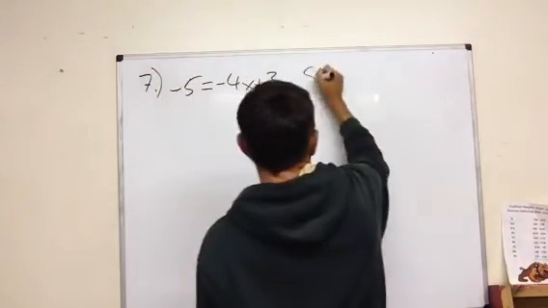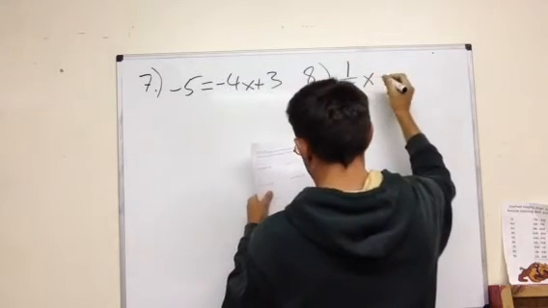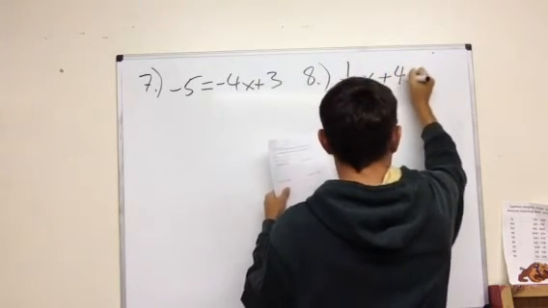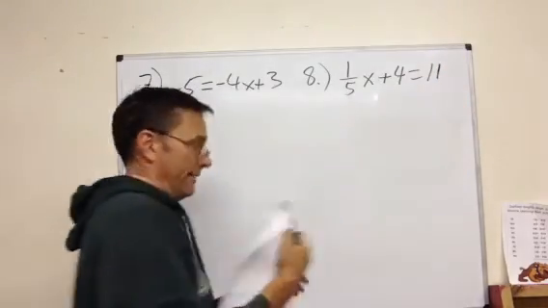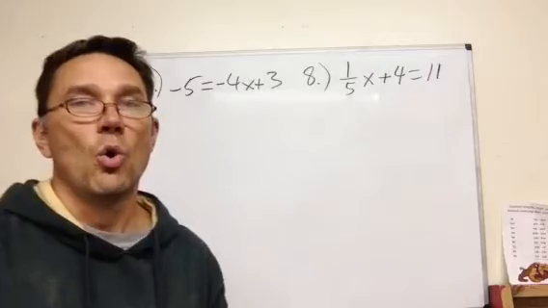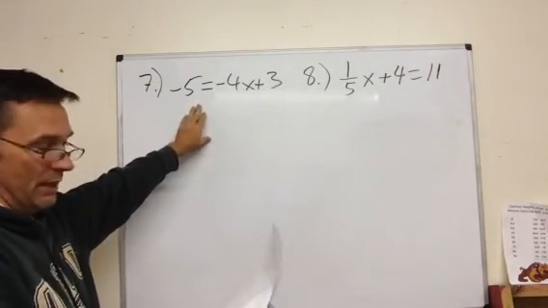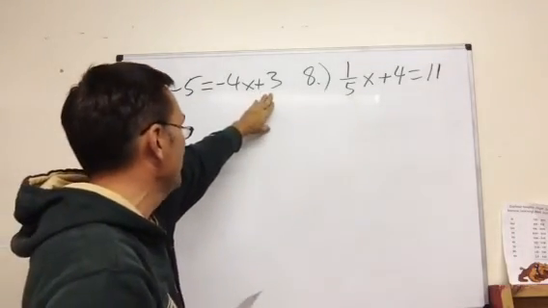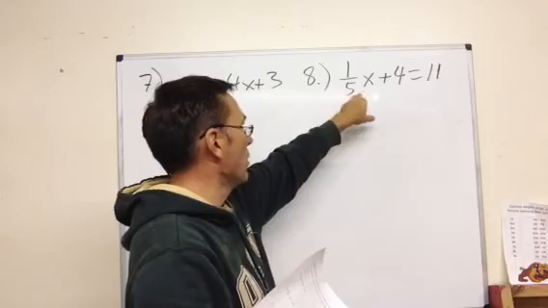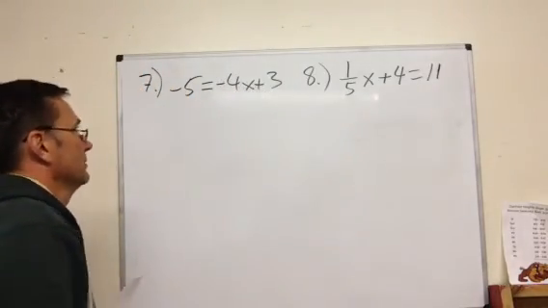On 7 and 8, you are going to do these and finish them yourselves before you come back to class. I'm going to ask you what your answers are. So the first one, again, it is in your notes. Negative 5 equals negative 4x plus 3. And the second one is 1/5 x plus 4 equals 11.